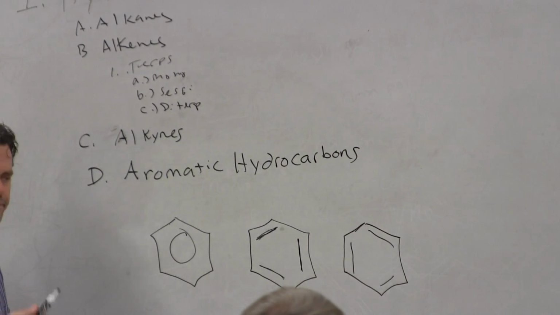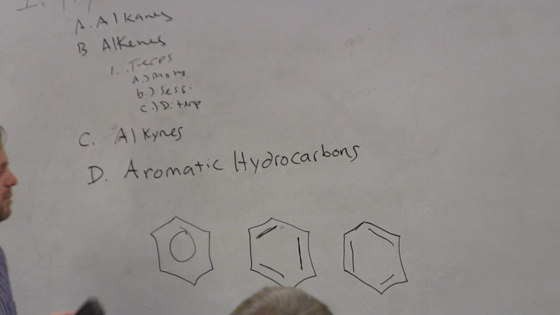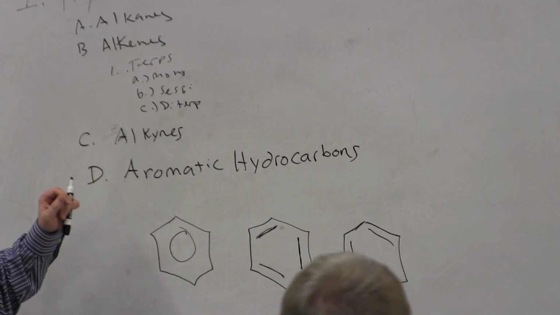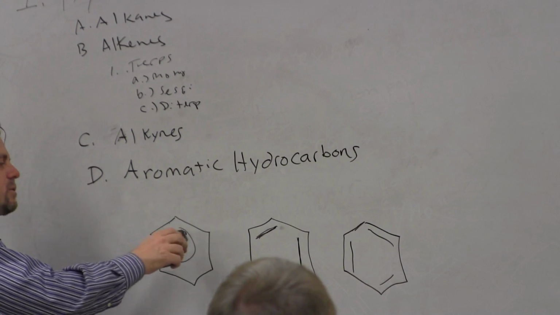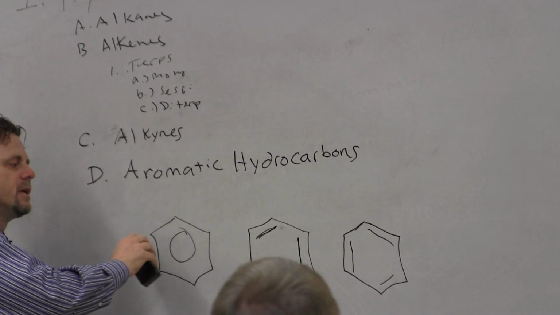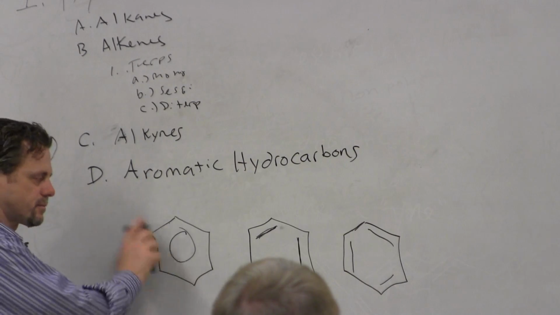So if you've had organic chemistry, you're very familiar with all this, but just know that when we call a hydrocarbon aromatic in chemistry, we're saying it's this kind of cyclic planar conjugated structure that has extra stability.